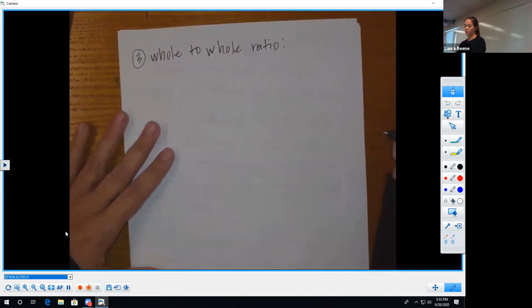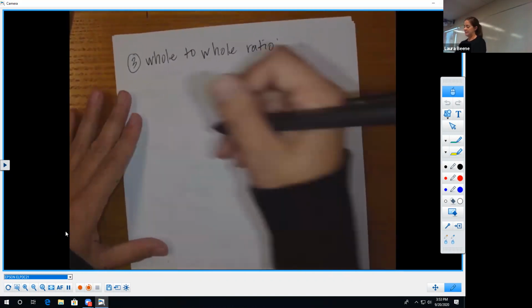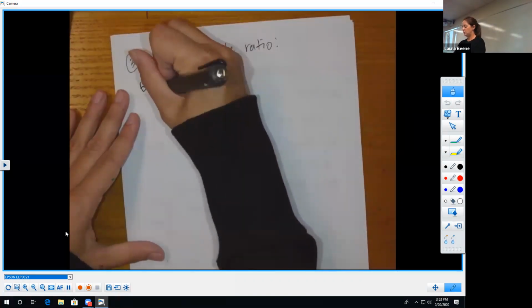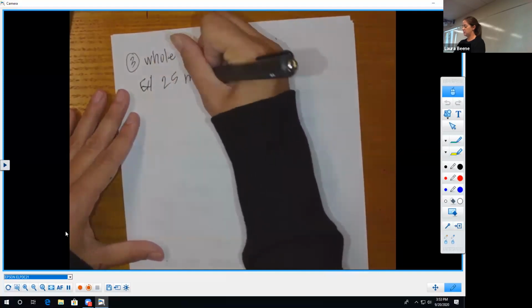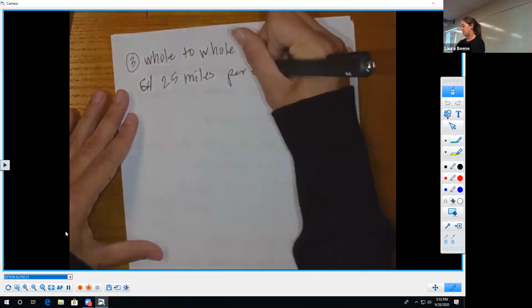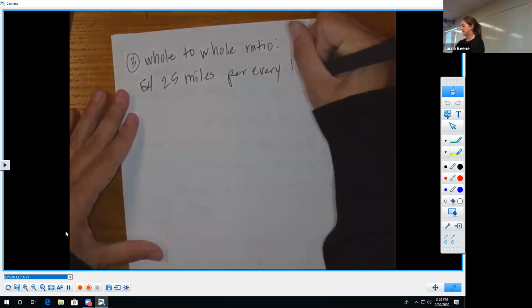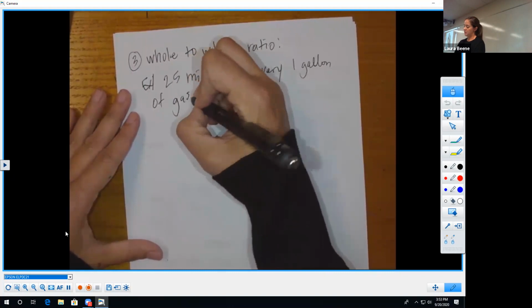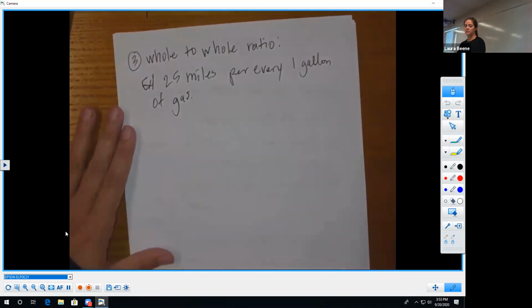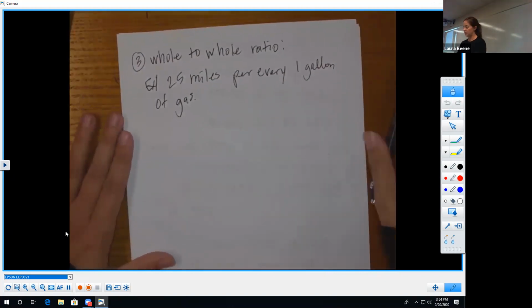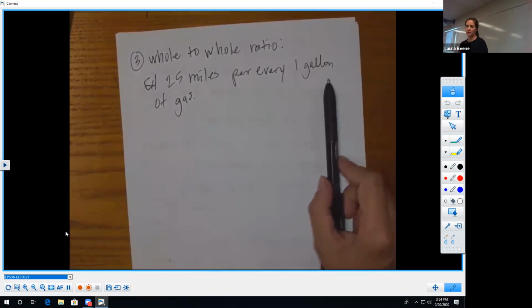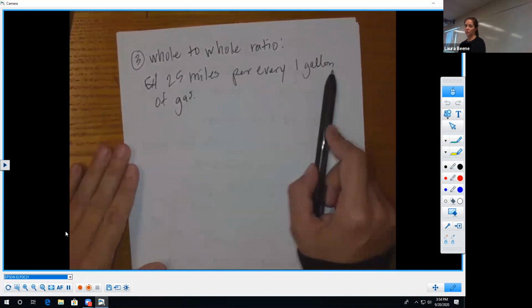An example would be, I can drive 25 miles for every 1 gallon of gasoline in my car. The reason why this is considered a whole-to-whole ratio is that 25 miles is a whole and 1 gallon is a whole. It's not a part of a different situation. So this is a whole compared to a whole.